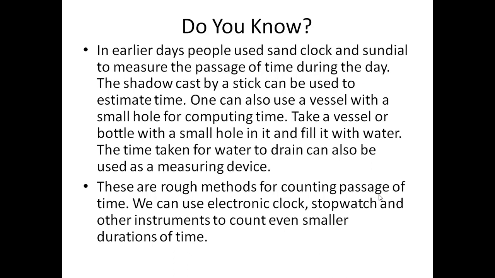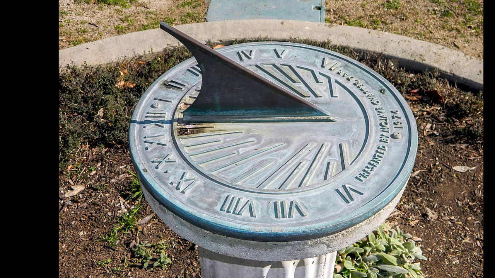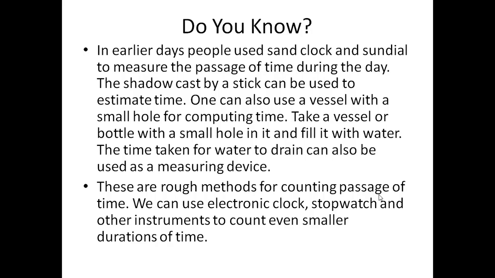Do you know? In early days, people used sand clock to measure the passage of time. In earlier days, people used sand clock and sundial to measure the passage of time during the day. The shadow caused by a stick can be used to estimate time. One can also use a vessel with a small hole for computing time.